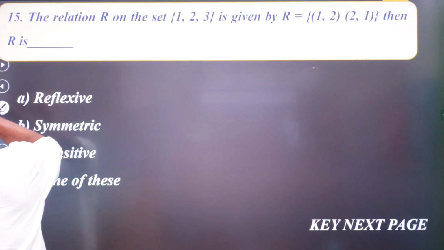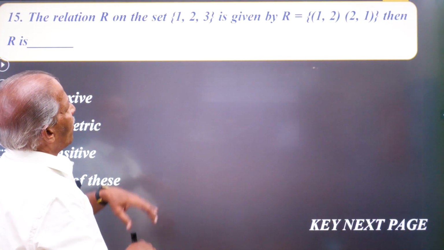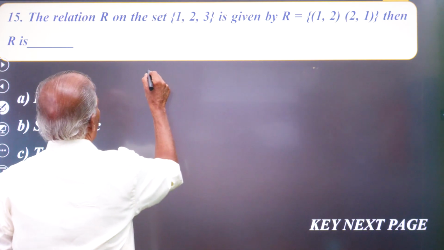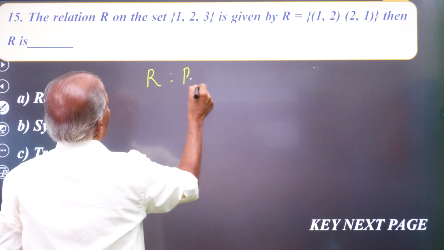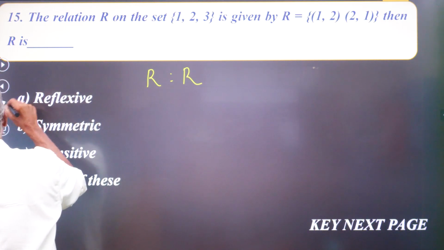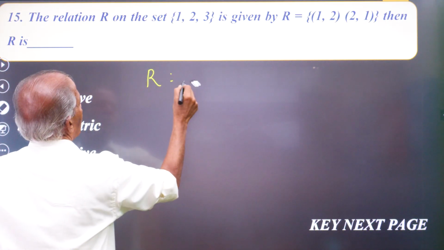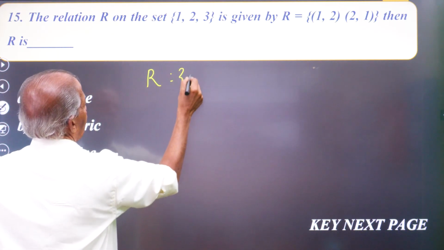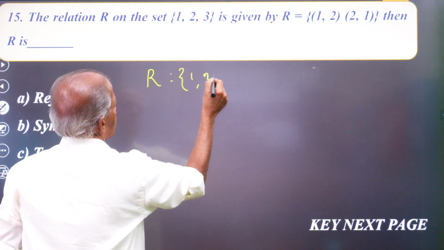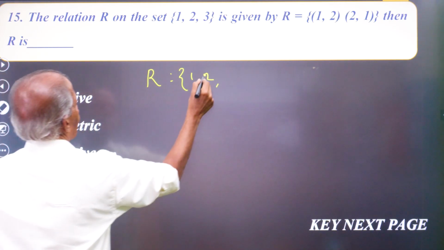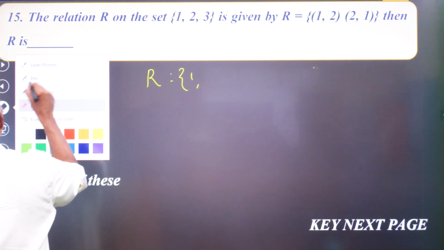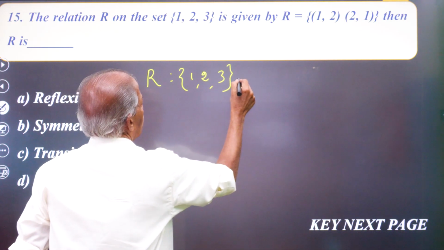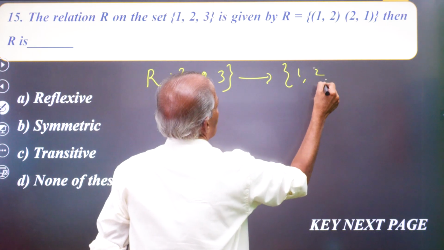The next one, 15th. A relation on the set 1, 2, 3 is given by the relation R, from R to R, from 1, 2, 3, it goes to the same 1, 2, 3.